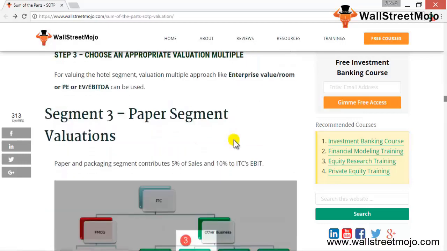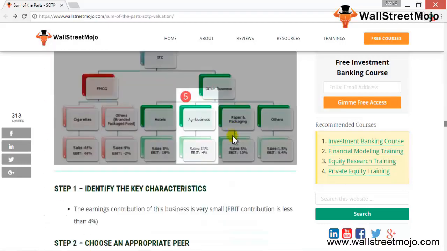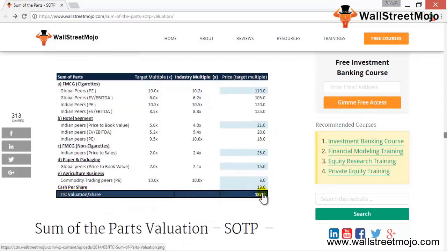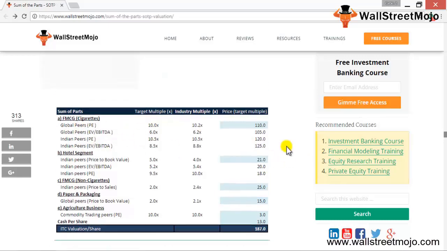Alright, and then here down you would see the overall multiples and the values and the target values and the price of that particular segment, which is just price per share, and this sums up to the overall price. So ITC valuation per share is 187, and this is coming out from the sum of all of these different segments, which are ascertained by the multiples of comparable companies listed in India and abroad.